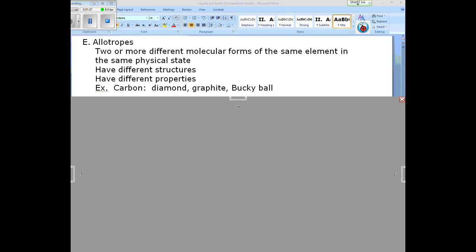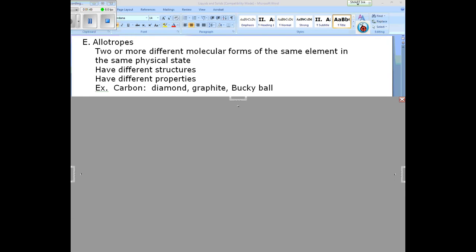All right, so the difference is the way that they are bonded together. A diamond has a three-dimensional covalent network where it's carbon bonded to carbon bonded to carbon, and it forms that covalent network. Much, much stronger than what happens in graphite. In graphite, you have carbon bonded to other carbons, but they're in sheets.